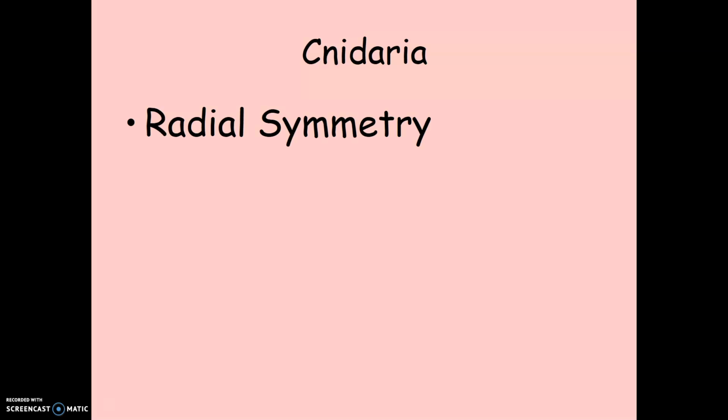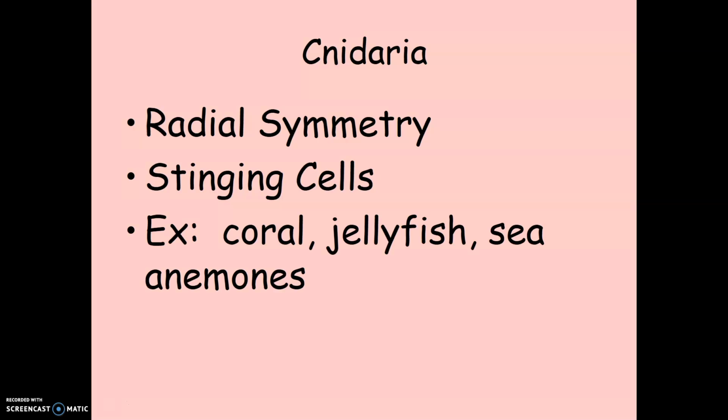Next phyla is Cnidaria. These have radial symmetry. When we mean radial, like if you were to look at a circle, you could draw even lines from the circle into the middle. They have stinging cells. You can probably guess what these are. Examples: coral, jellyfish, and sea anemone.